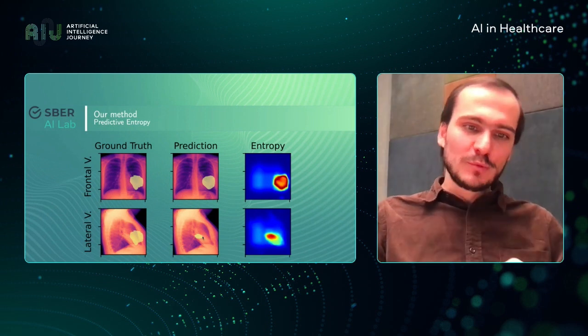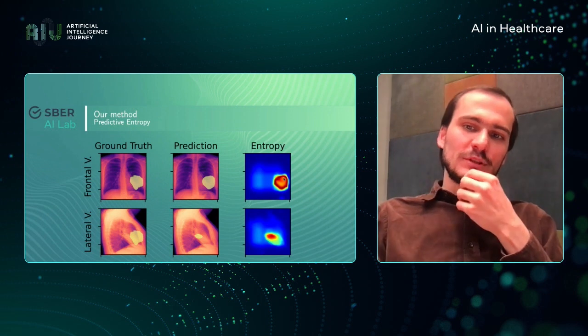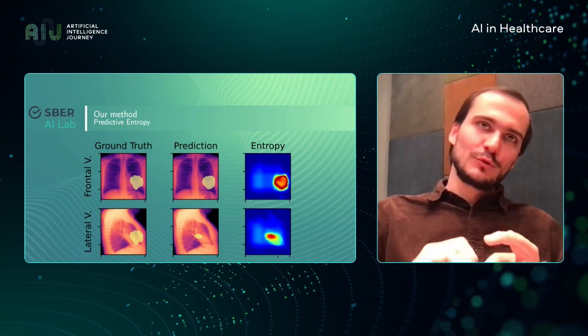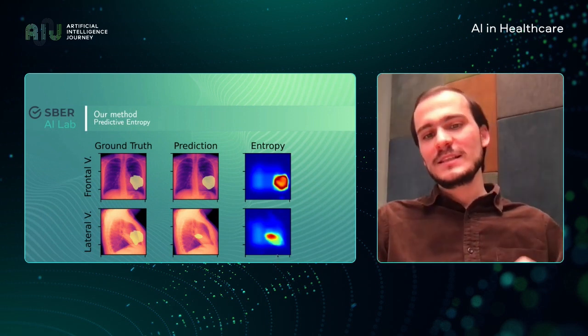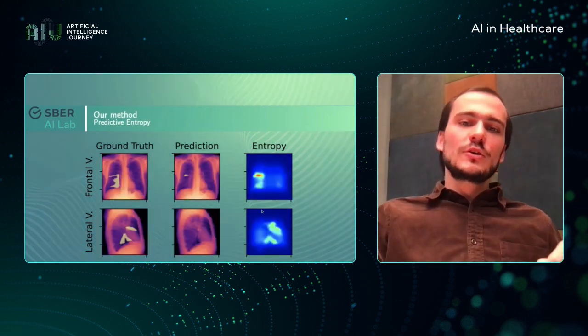And sometimes predictions are not large, and segmentation is not large compared to what doctors are segmenting, and the picture is a bit different, and we have the peaking uncertainty inside the area.